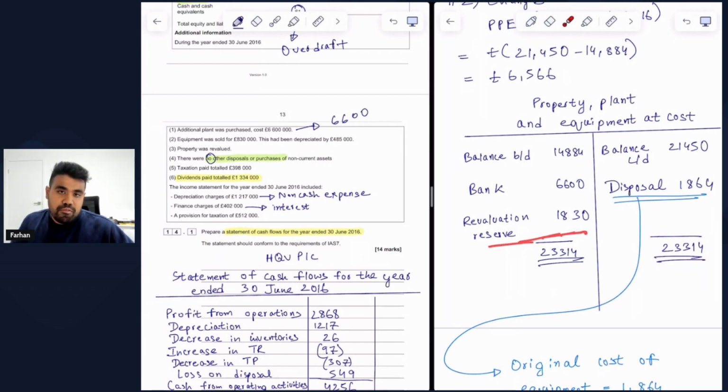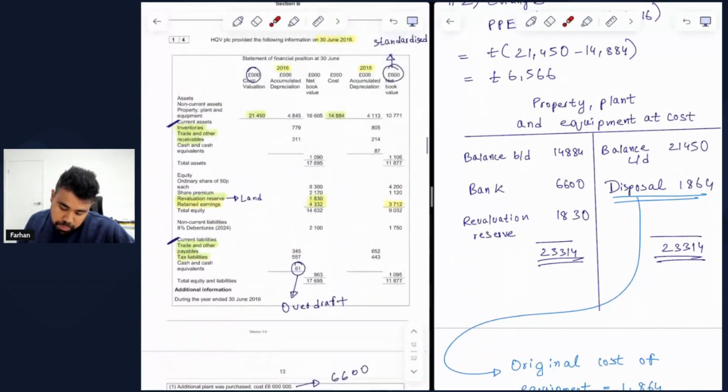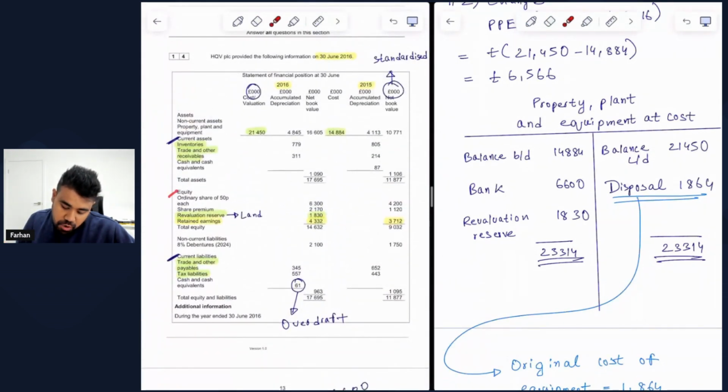Where did I get this amount from, and how does this relate to the entire context that we're solving? If you remember point number 3, it says that a property was revalued. Where could I find the necessary numbers relevant to this revaluation? The balance sheet. If you check the balance sheet properly, under the section for equity, revaluation reserve has been included, which relates to the property we are talking about.